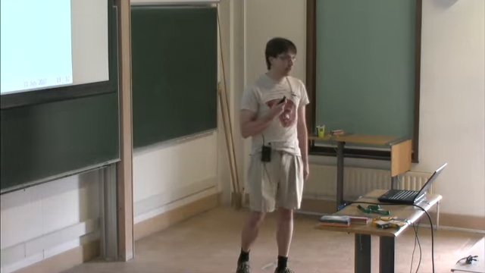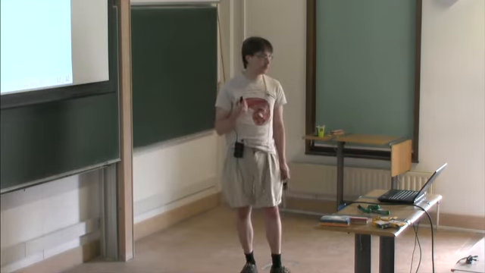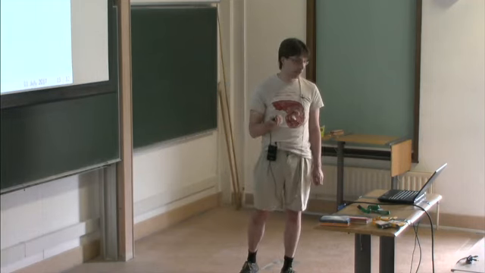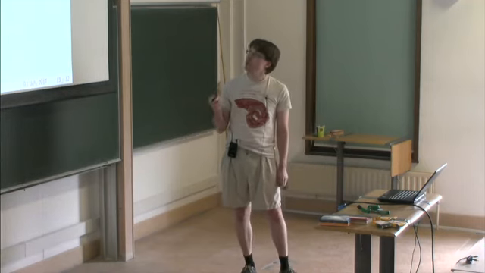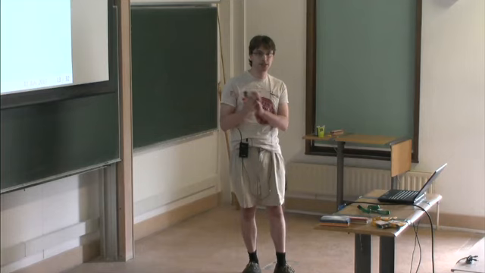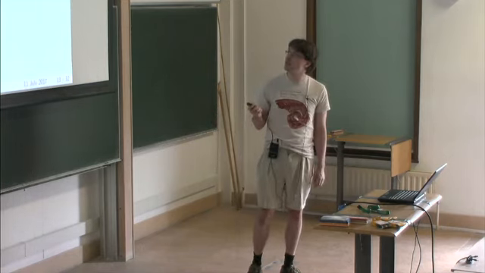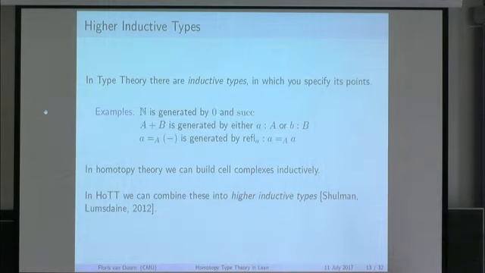So another new idea in homotopy type theory is higher inductive types. The analogy I want to use here is that higher inductive types combine ideas from inductive types in type theory and cell complexes in homotopy theory. Inductive types in type theory are types which are generated by some constructors.